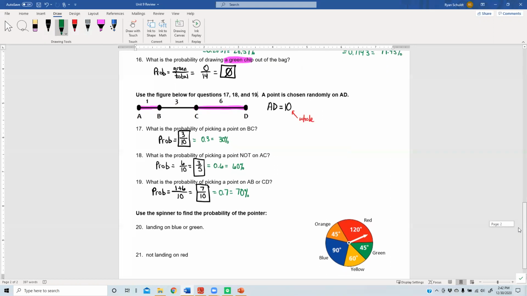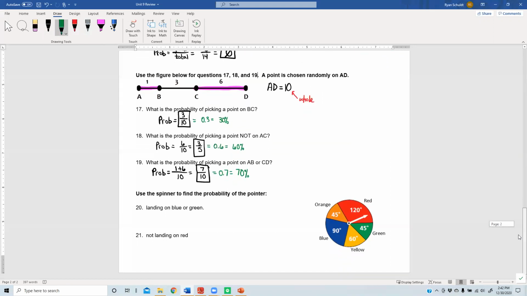Now for the last two. So yeah, last two. Now we're using a spinner. Use the spinner to find the probability of the pointer. 20 says landing on blue or green. So here's blue. And then here's green. First, though, what's the total?